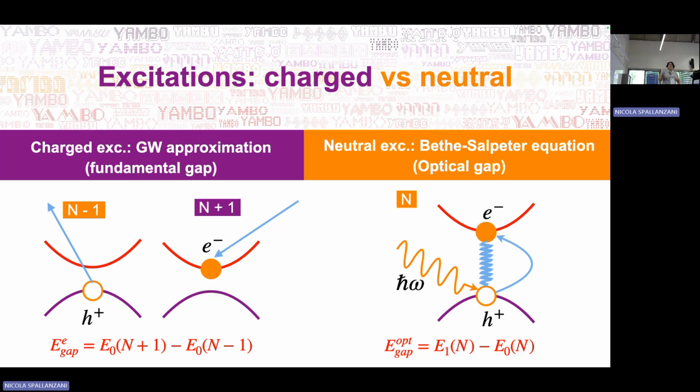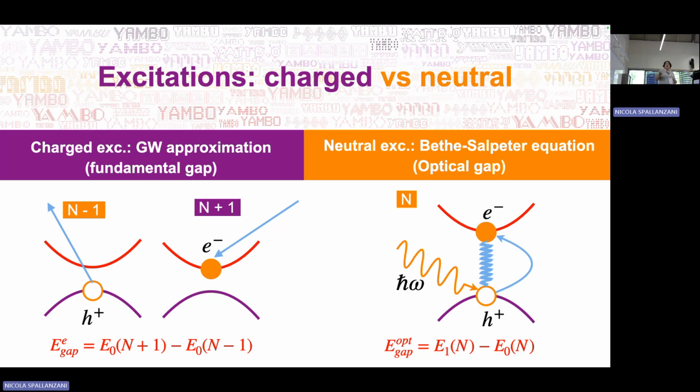There are, of course, other types of excitation, so we can excite an electron from an occupied state to an empty valence state, but the electron doesn't get away from the system. And in this case, we'll have an electron-hole pair, and we have to take care of the interaction between these two objects. So for the GW approximation, in most cases it's enough to use the one-particle Green function to study these processes.